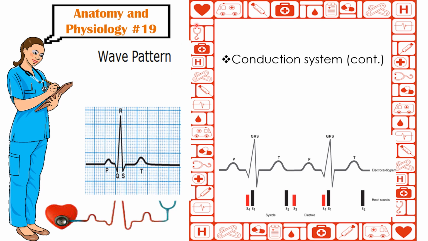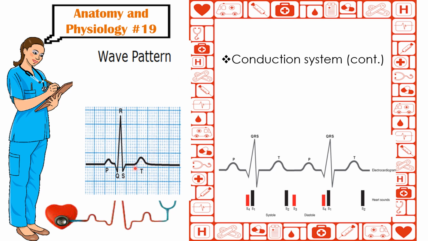This consists of one or more of the following: the Q wave, which is the downward deflection from the septal depolarization; the R wave, which is an upward deflection from ventricular depolarization. On the other hand, the S wave is a downward deflection following an R wave.